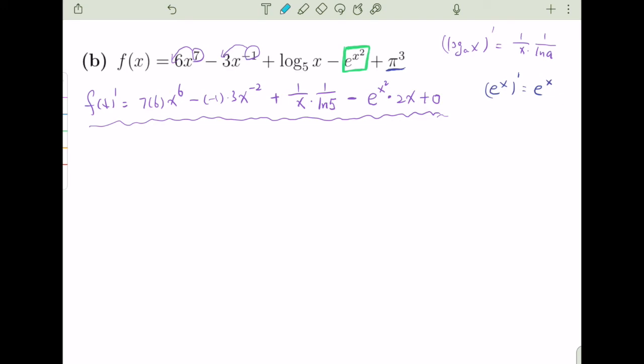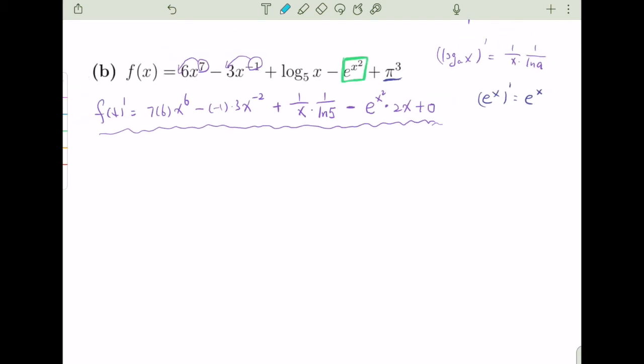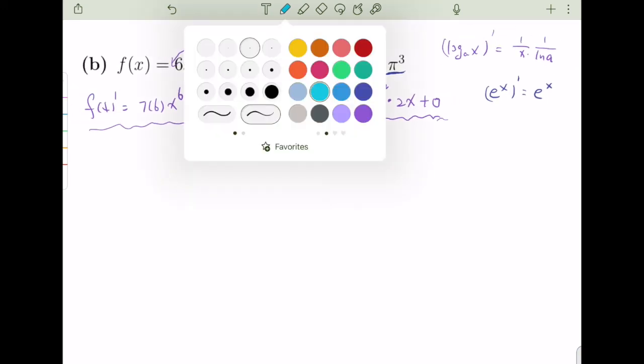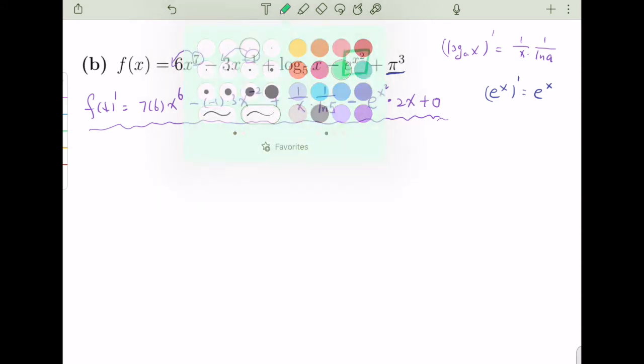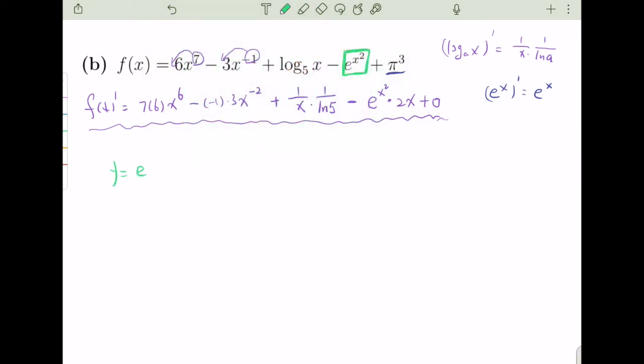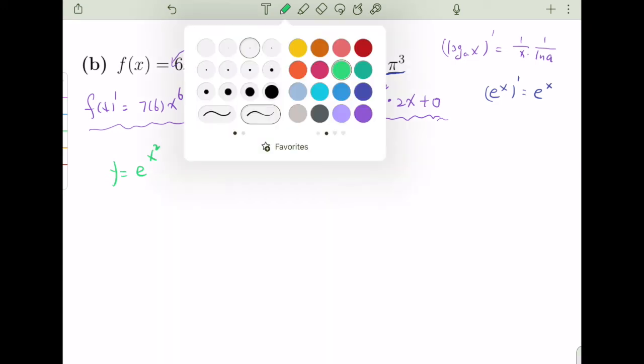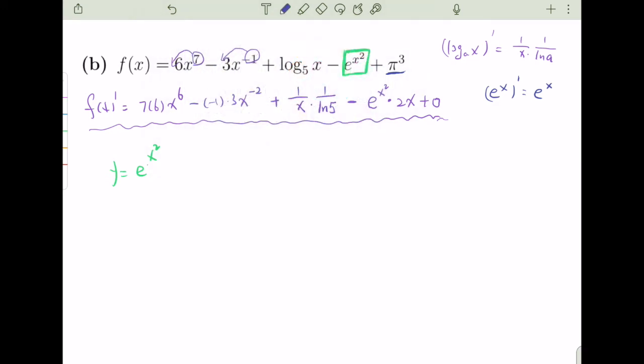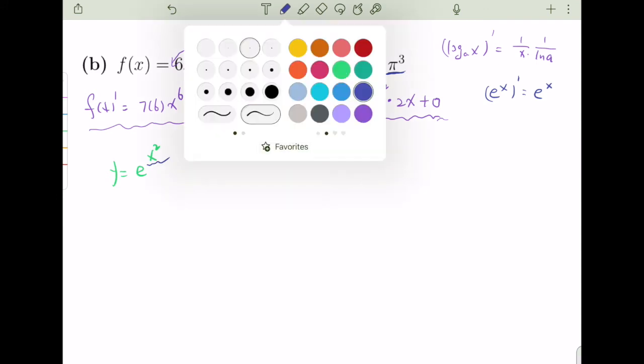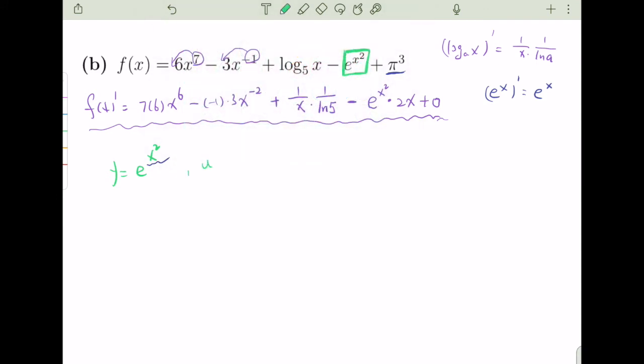So this function, I denote by y equal to e to the x squared. Okay? And then the inside function here, I'm going to let it be u. So u is equal to x squared. Okay?